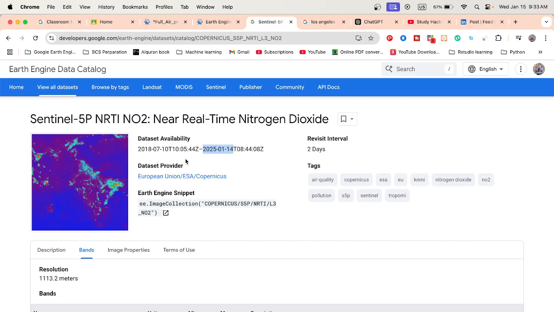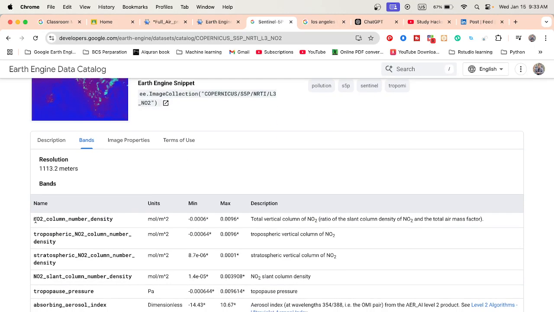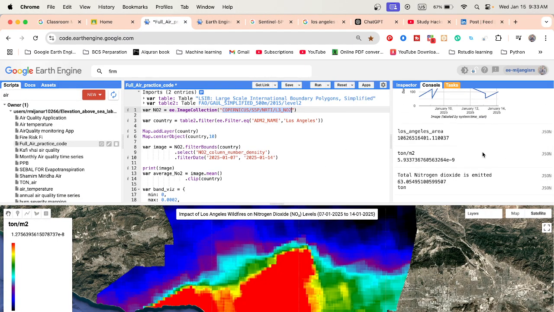Okay, so we take the data from this time, and here we use the band name nitrogen column number density. Okay, and this unit is mole per meter square. Further, we simply convert into micromole as well as into ton unit. When you convert to the ton unit, we can get this type of result.